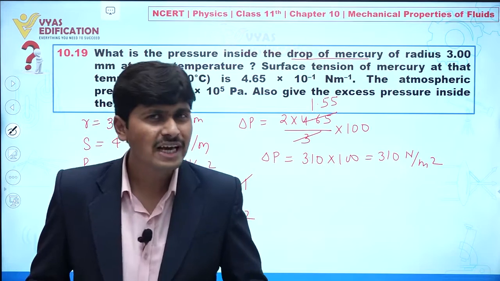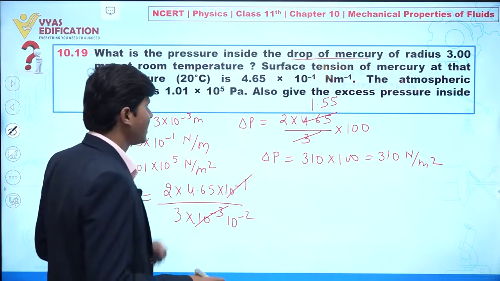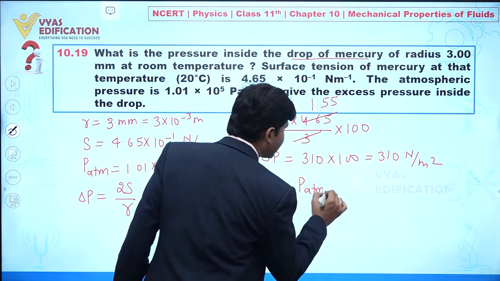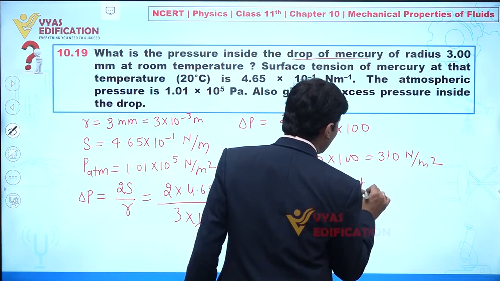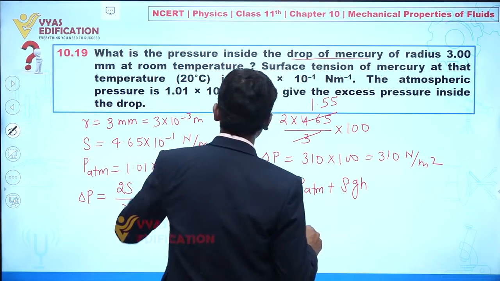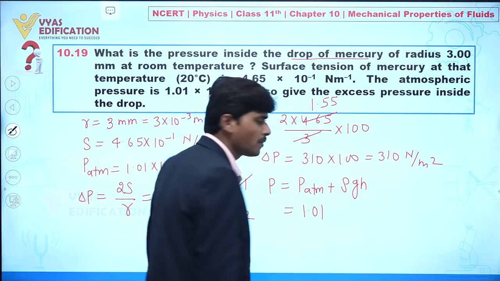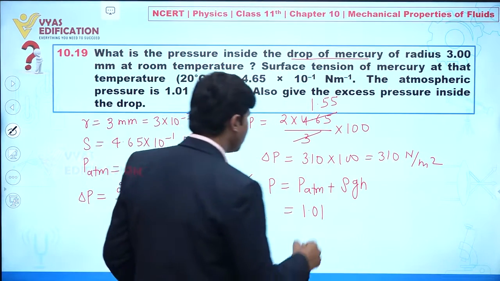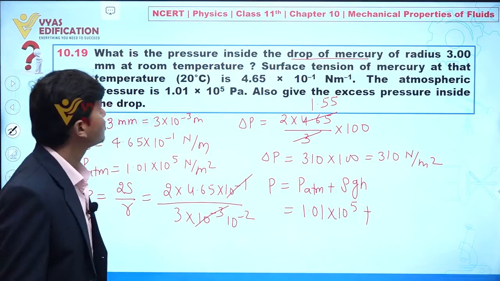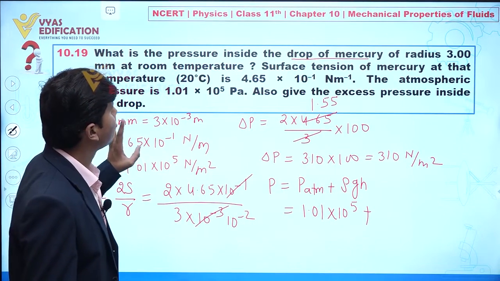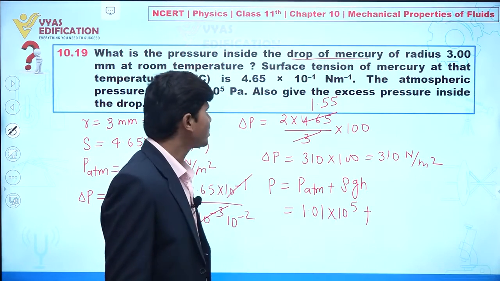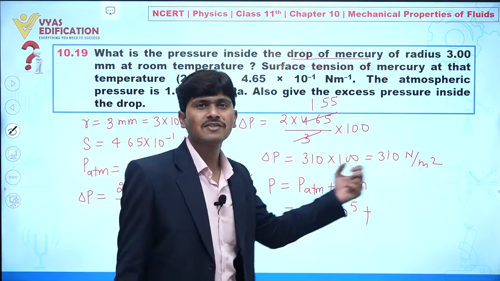Clear? So can we calculate the absolute pressure here? Yes, absolutely. So we can write the pressure P is given by P atm plus rho g h, or you can say a gauge pressure. The atmospheric pressure value given to you is 1.01 into 10 to the power 5, plus the gauge pressure. Gauge pressure we have already calculated, this is 310.